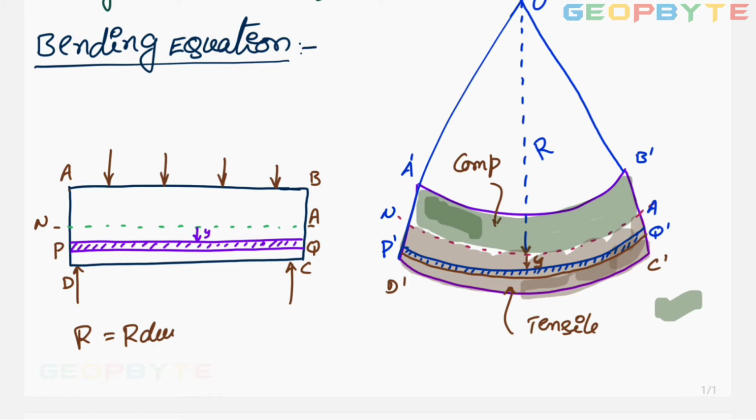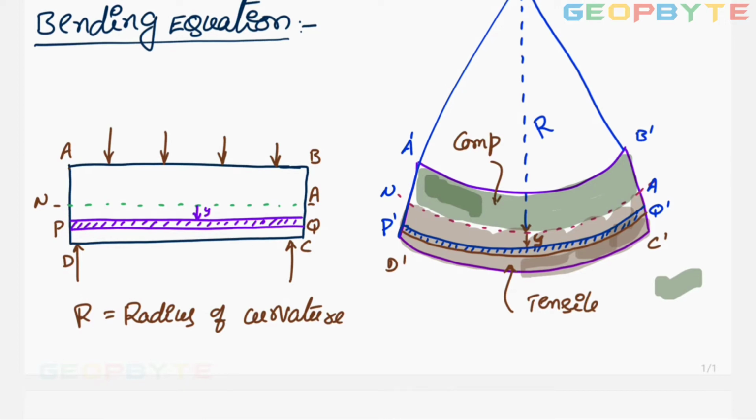R is called the radius of curvature. That means the neutral axis is lying at a radius of R from the intersecting point. But we have taken the layer PQ at a distance of y from the neutral axis.